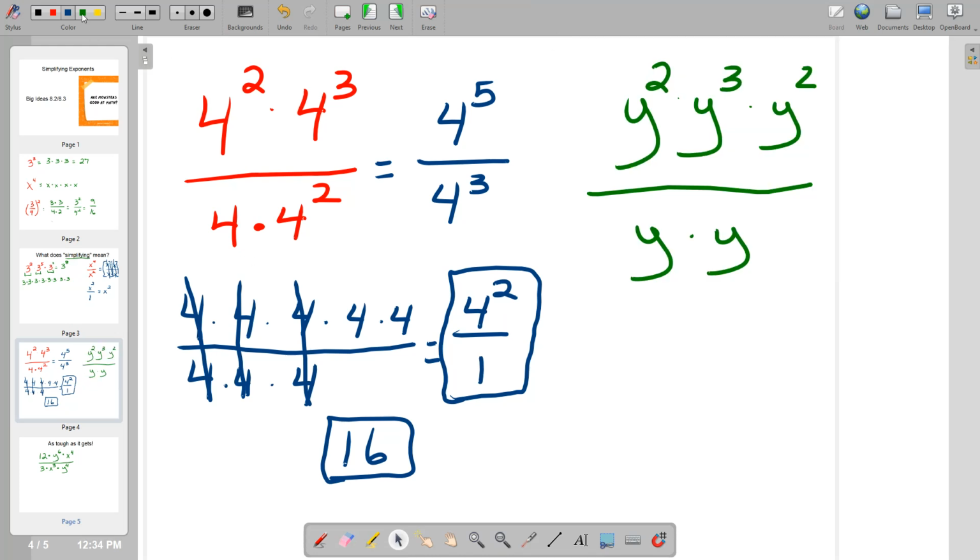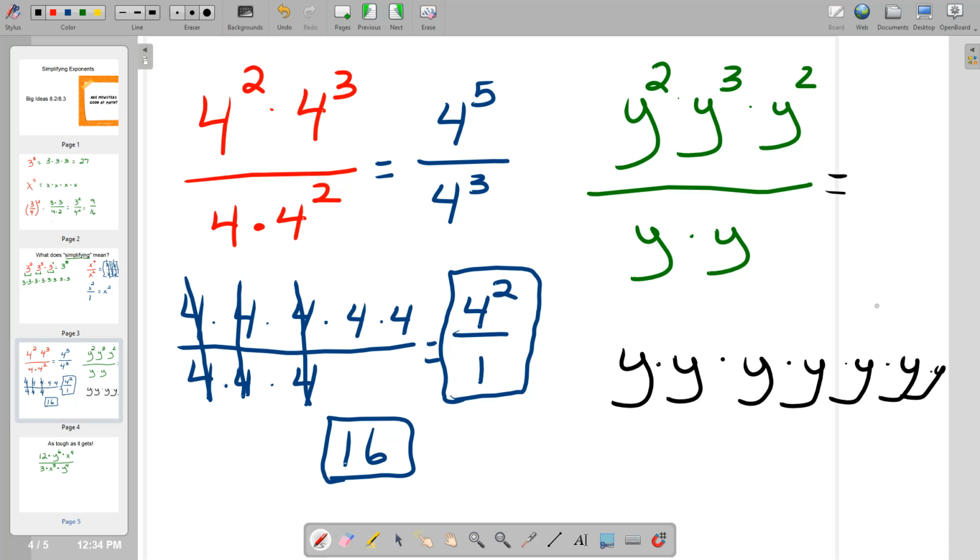In this case, we have variables, so the process is incredibly similar. I have all of the y's on the top. So I have 2 y's, 3 y's, and 2 more y's on the back. So a total of 7 y's on the top.